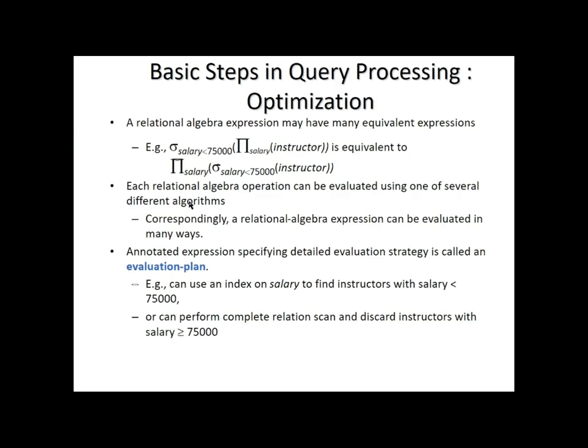In this example, there are two methods to execute the query. Either you can do the projection first and selection second, or you can do the selection first and projection second.